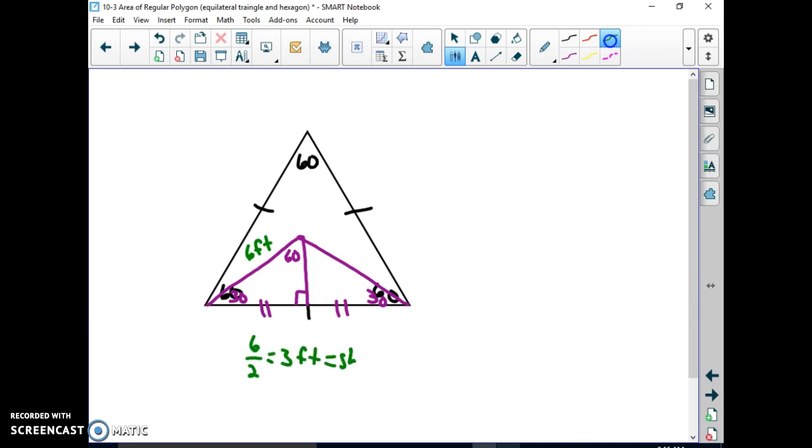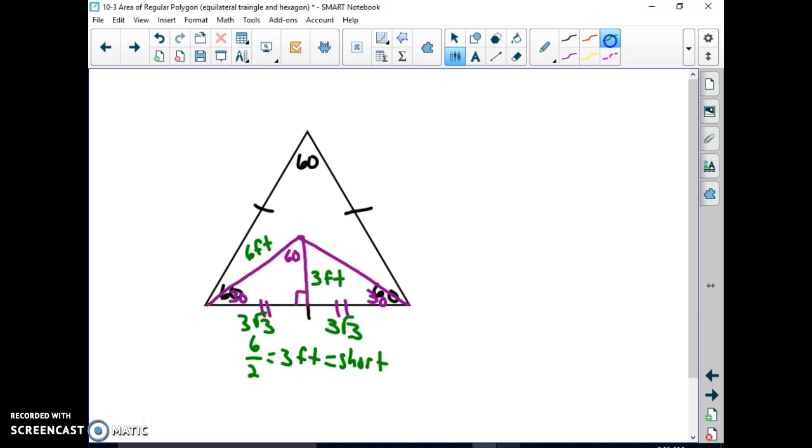Remember, my short leg is always opposite my 30-degree angle. So in this case, my apothem is 3 feet. My long leg is my short times the square root of 3. So my long leg here, which is opposite the 60-degree angle, is now 3 times the square root of 3. So this is also 3 times the square root of 3.